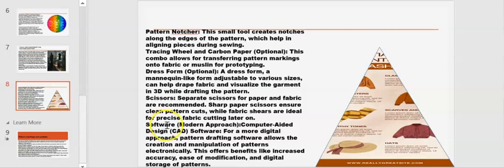So this is optional: software, the modern approach, which is computer-aided design software for a more digital approach. Pattern drafting software allows the creation and manipulation of patterns electronically. This offers benefits like increased accuracy, ease of modification, and digital storage of patterns.